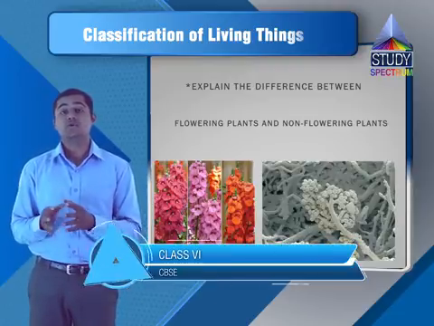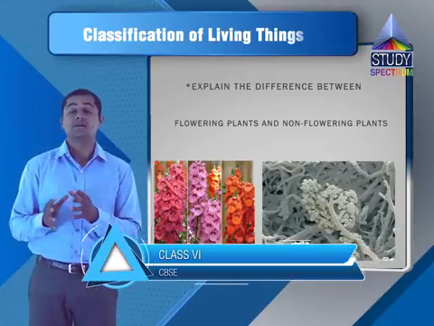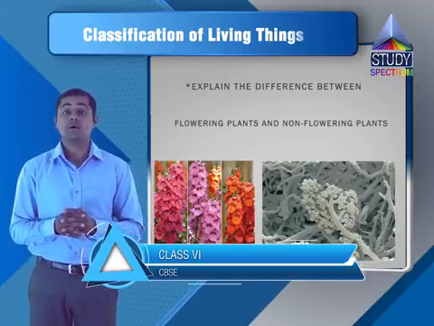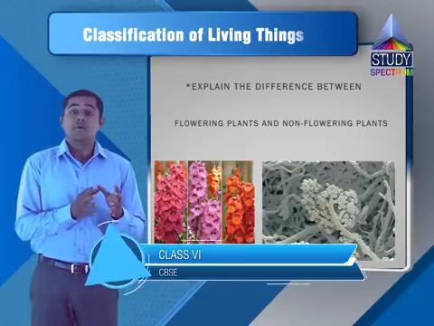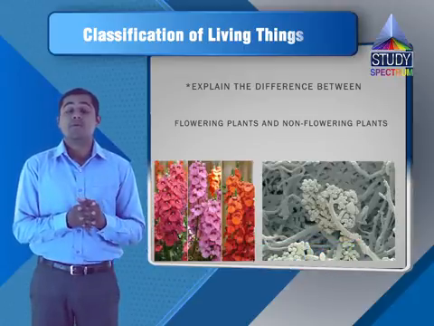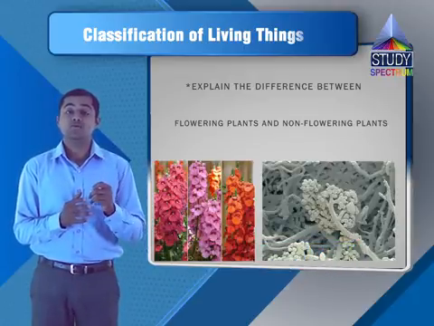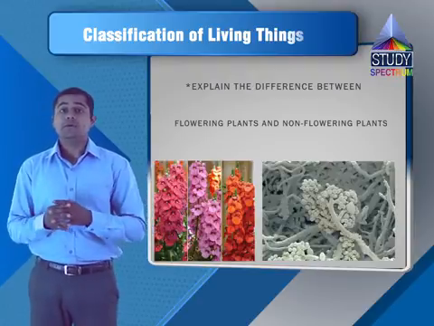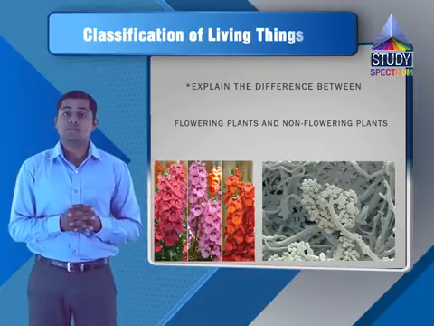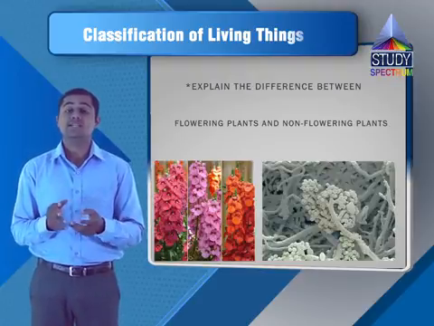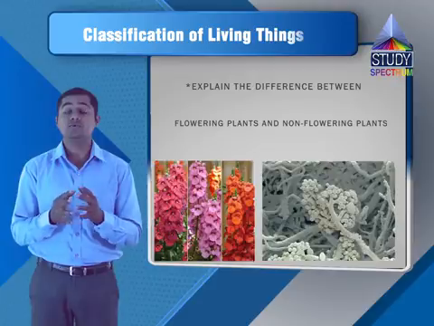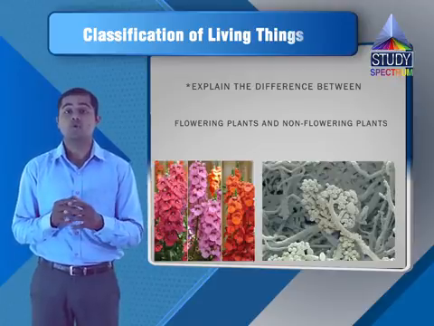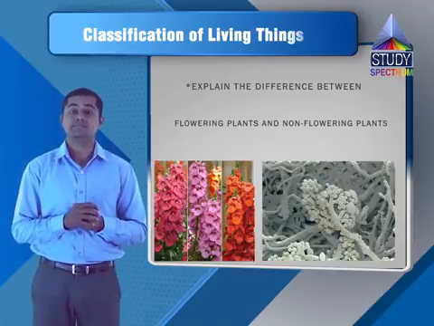Non-flowering plants are mushrooms, spirogyras, molds, ferns. Flowering plants reproduce via seeds which are in the fruits, because flowers grow into fruits. Non-flowering plants do not have flowers, so they do not have seeds inside fruits. They do not bear fruits. They reproduce via spores.